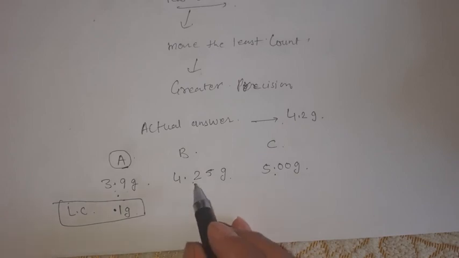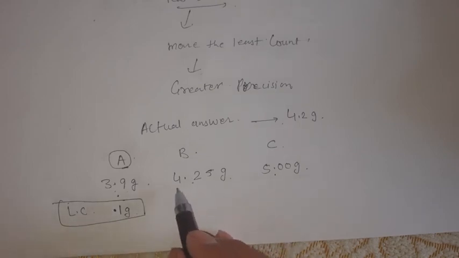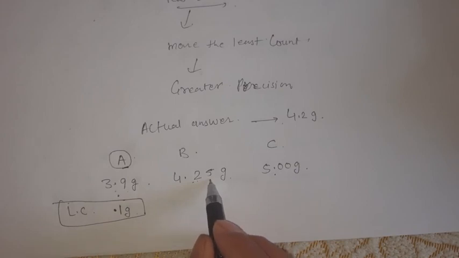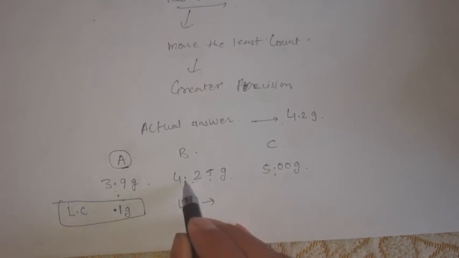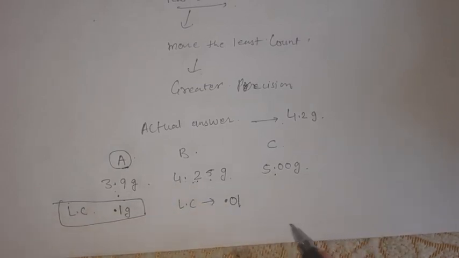Okay, and similarly, after the decimal, how much can this measure? Up to 1 gram, meaning it can measure that for us. Okay, so how much is the least count of this second one? You will find that the least count here is, after the point, it is going to calculate up to 2 digits. So the first digit I am going to replace with 0, and the second digit with 1. So it has a least count of 0.01.